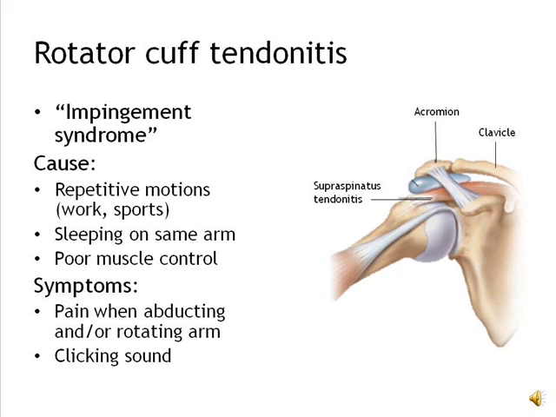Inflammation leads to the thickening of the tendons and bursa, and that contributes to less space in this location. So with time, this space becomes too narrow for the tendons and bursa, and every time these structures move between the bones, they are pinched, and that's why the condition is called impingement syndrome.